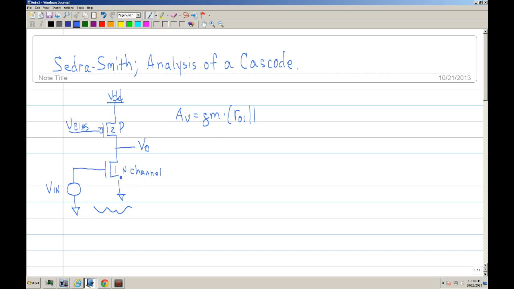In other words, there's a resistance from drain to source in parallel with the output resistance from the P channel.